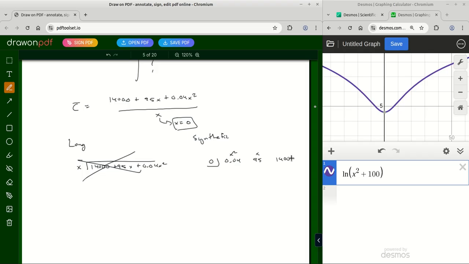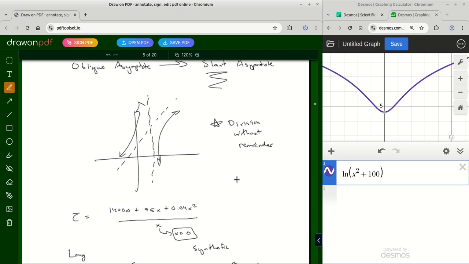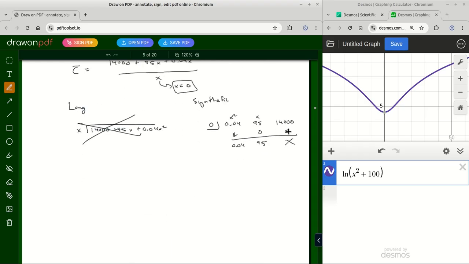And we have to put these in order, obviously. 0 times anything is 0, plus the 95 is 95. 0 times anything is 0, plus this. It doesn't really matter, because it's division without remainder. So I don't really care what's over here. This matters.